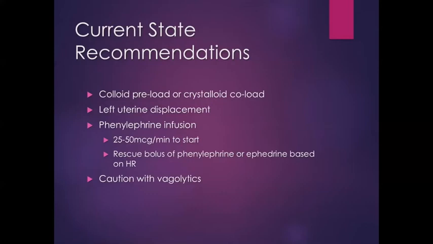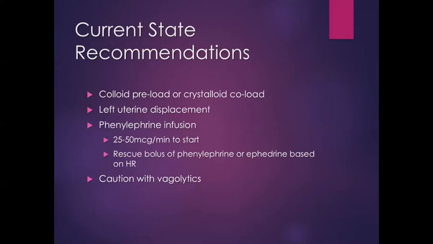Avoid large drops in pressure, and the phenylephrine should be given as a prophylactic infusion using a syringe pump and should start at a lower dose, around 25 to 50 mics per minute, and then titrated to both blood pressure and heart rate. Rescue boluses of either phenylephrine or ephedrine are both appropriate and both may be needed to maintain the BP.